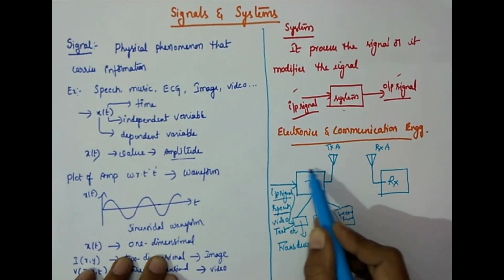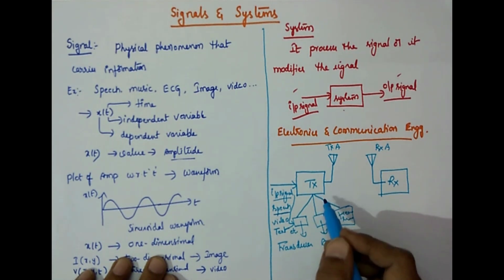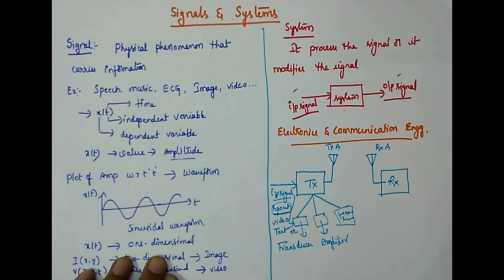This transmitter block simply consists of many electronic components or circuits. But here the input signal is speech. It is not in the form of electrical. So we give the speech signal to the transducer.